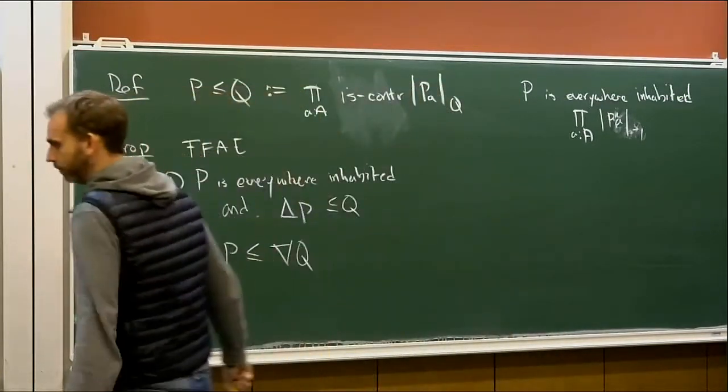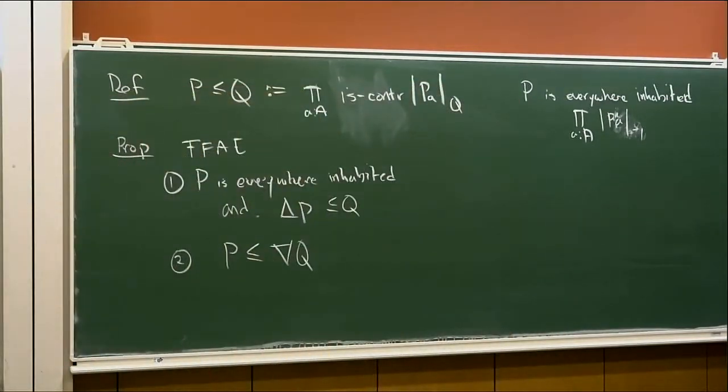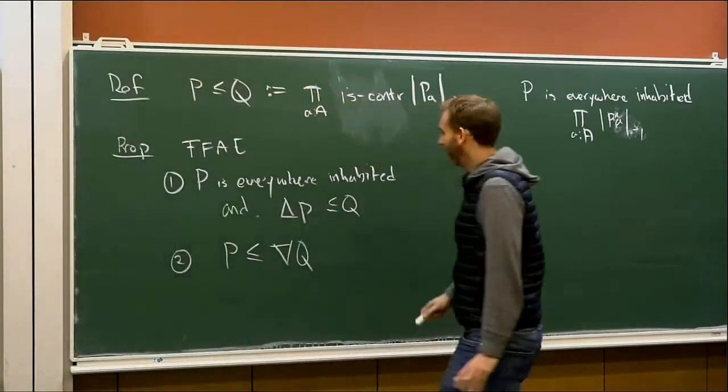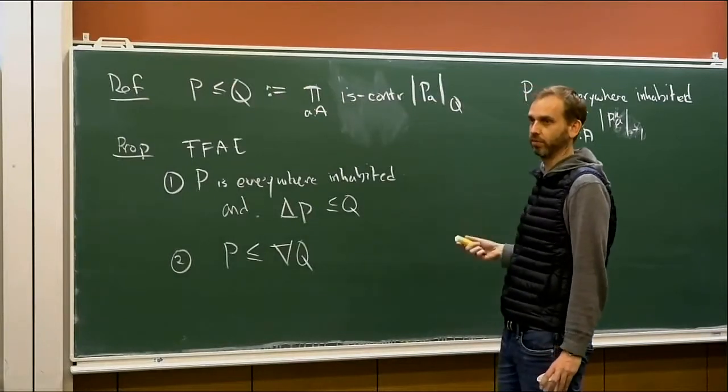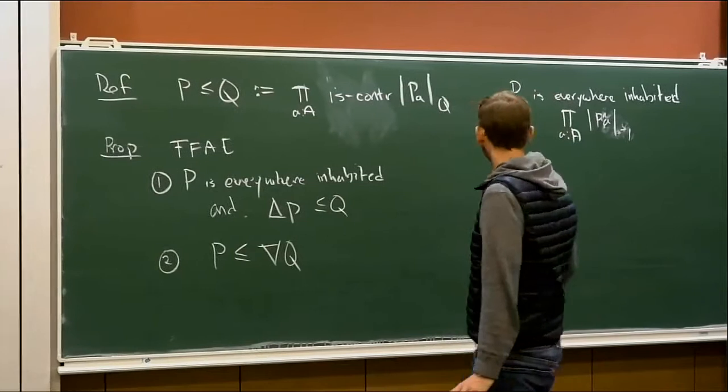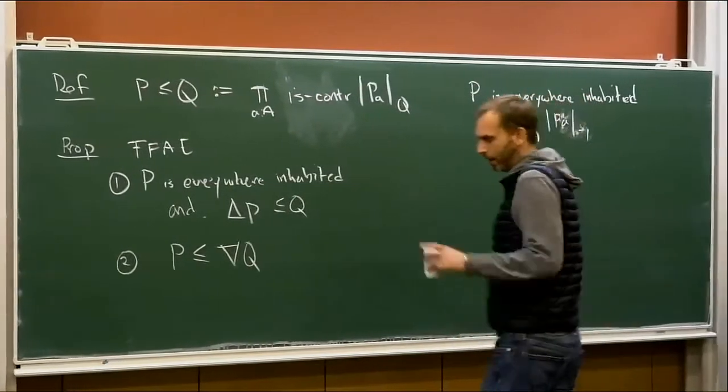Okay, so you have this kind of adjunction formula with respect to the diagonal and the codiagonal, except here you need this extra condition of being everywhere inhabited. So why is this true?